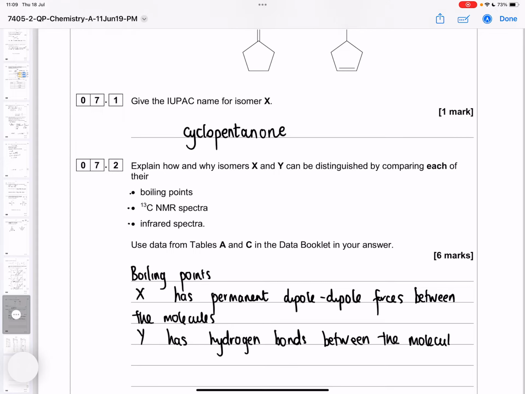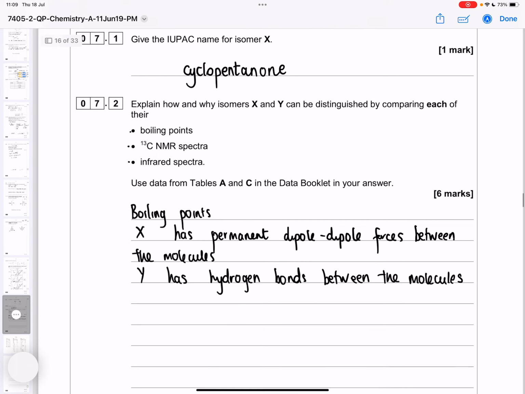Remember, these are intermolecular, so we need to say between the molecules. Hydrogen bonds are stronger than permanent dipole-dipole forces.